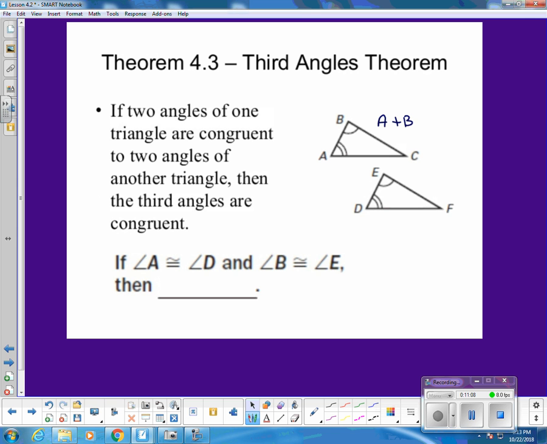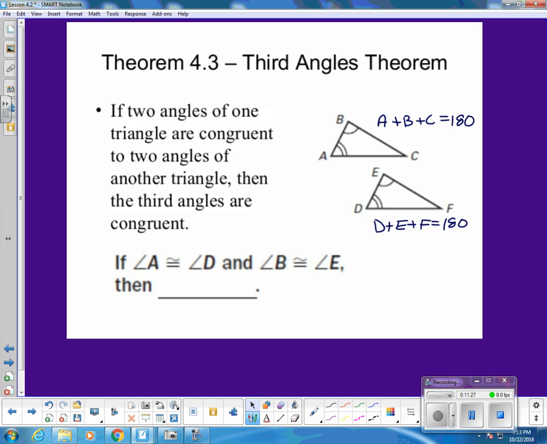So A plus B plus C equals 180. D plus E plus F equals 180. Since they both equal 180, you can set them equal to each other.